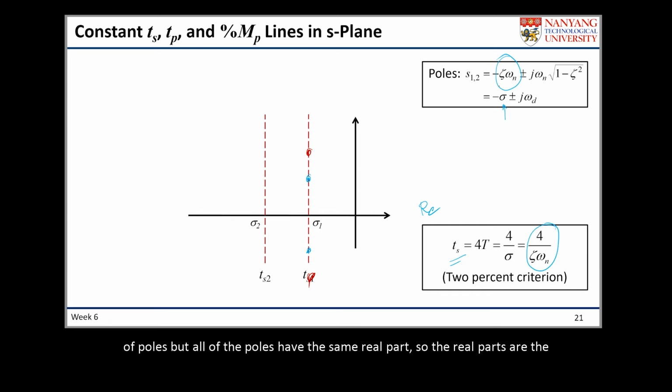Then these two systems will have the same settling time. So again, a vertical line will tell us the systems with the same settling time.